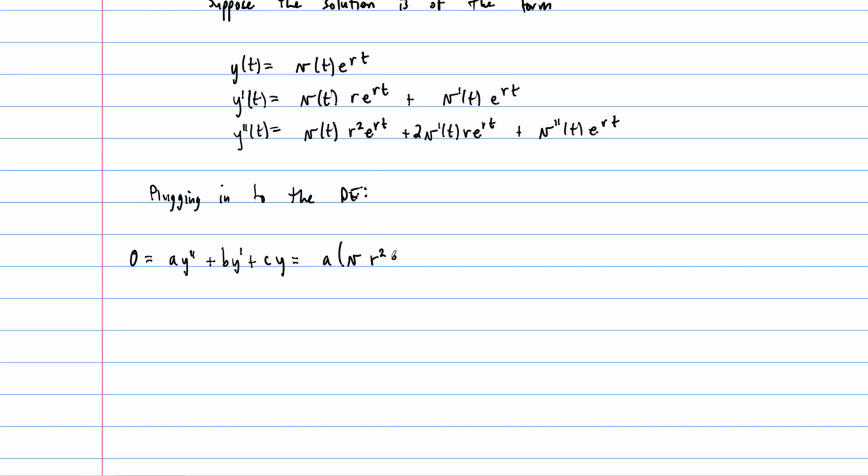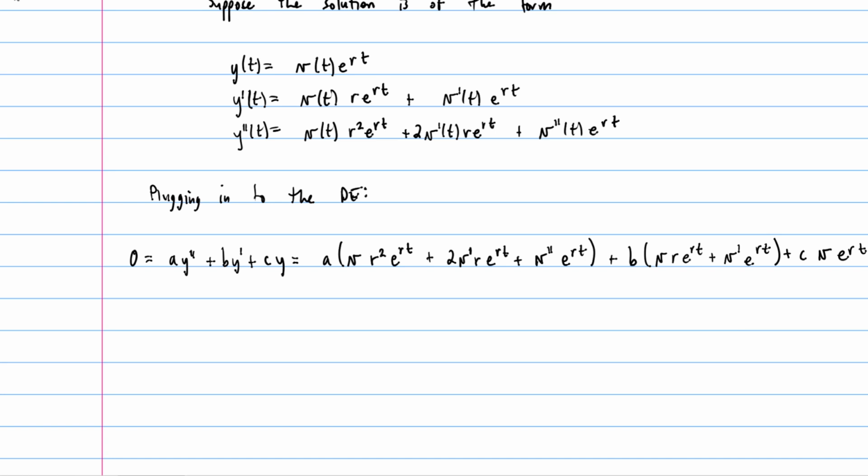So v times r squared e to the rt plus, this one's going to be 2v prime r e to the rt plus v double prime e to the rt. And then the next one's going to be plus b times v times r times e to the rt plus v prime e to the rt. And then finally plus c times v e to the rt. You can probably fit that on the same line.